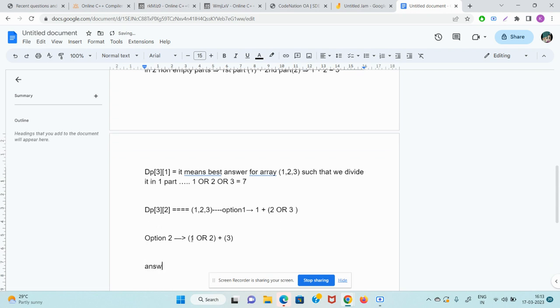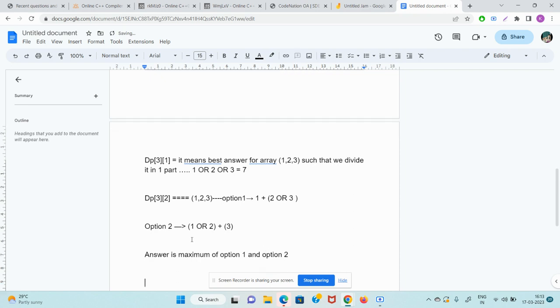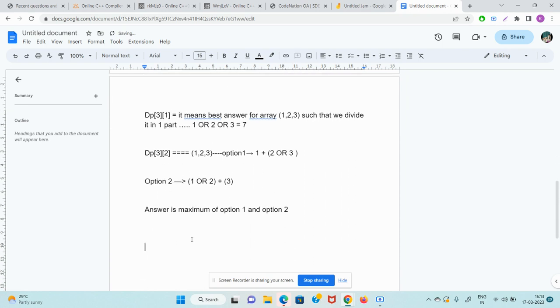So the answer is the maximum of option 1 and 2. Similarly, if someone asks you dp[4][3], you have many options. Let's take an easier case, dp[4][2].